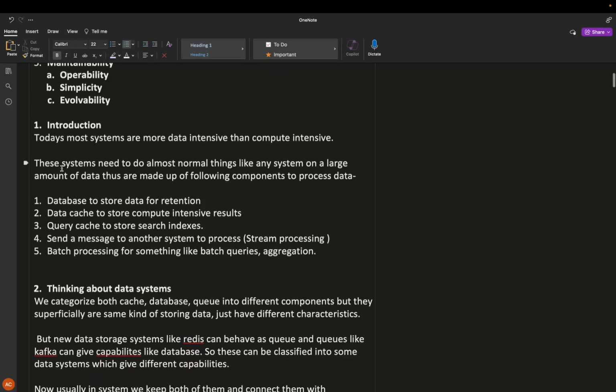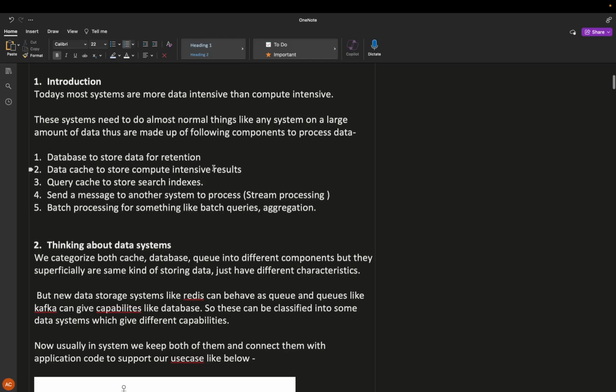These systems do almost normal things on a large amount of data. Thus, they are made of the following components to process data. I will go through the usual components.